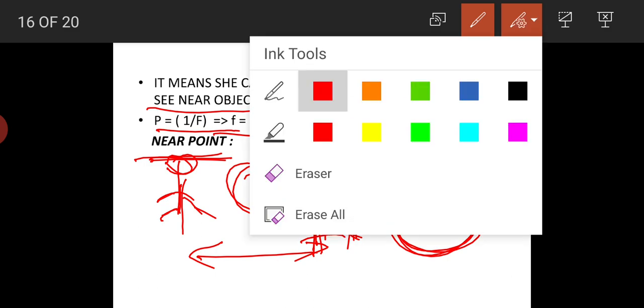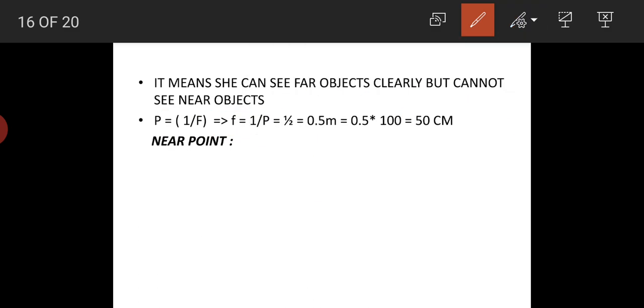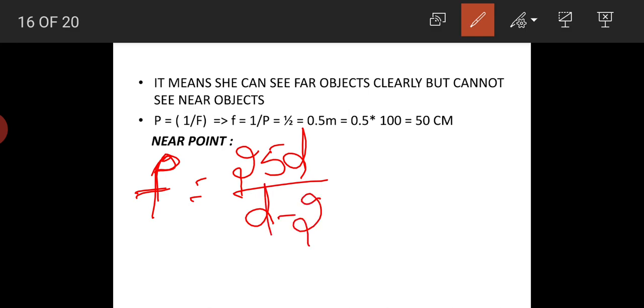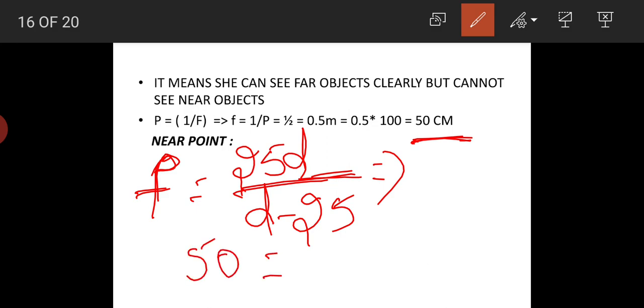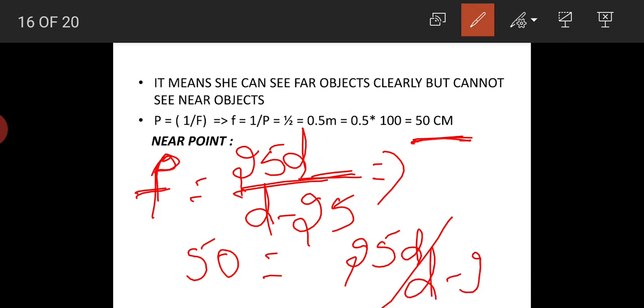We know that for hypermetropia, the formula is f is equal to 25d by d minus 25. This is the formula to find the near point for hypermetropia, and in this formula you always need to use f in centimeters. So f is equal to 50 centimeters is equal to 25d by d minus 25.